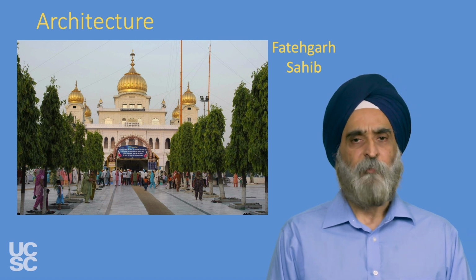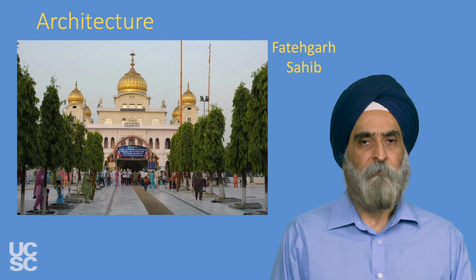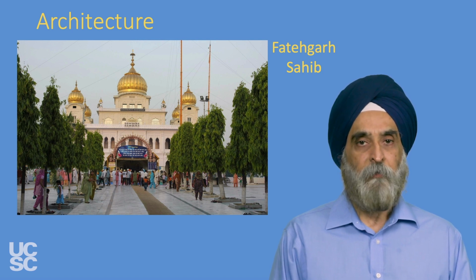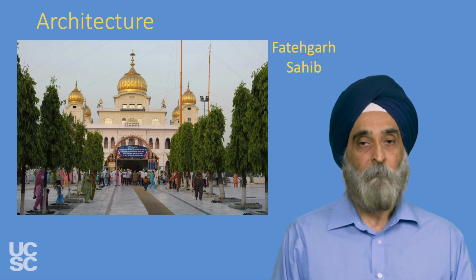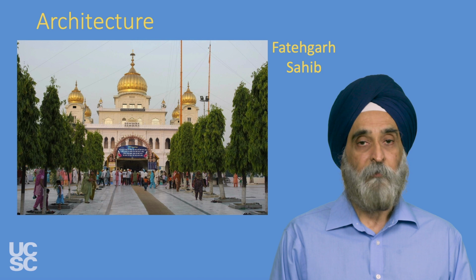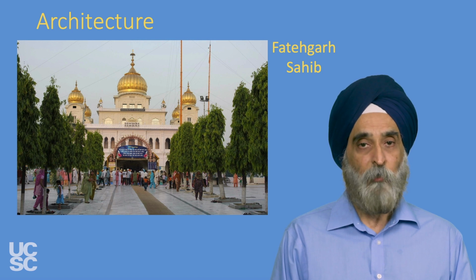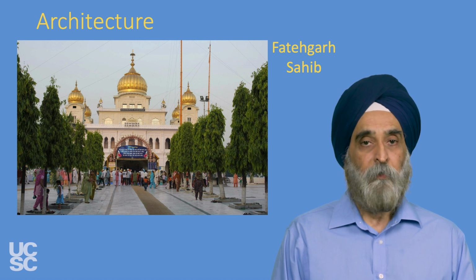The style here is very heavily influenced by Persian and Mughal architecture, and the domes are somewhat similar in style and shape to what you find in mosques or other buildings from the Mughal Empire or from the Persian Empire.